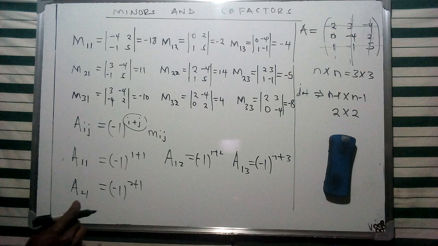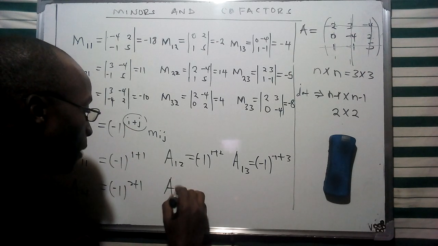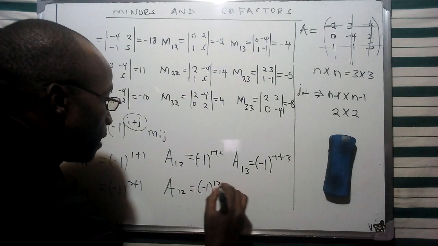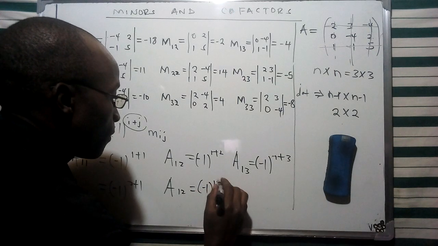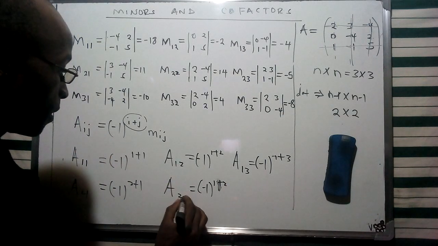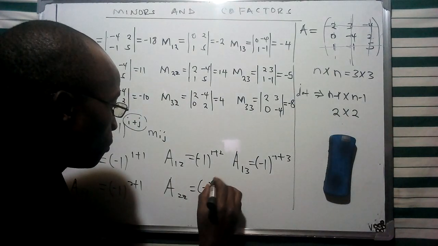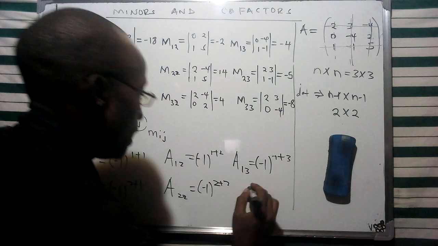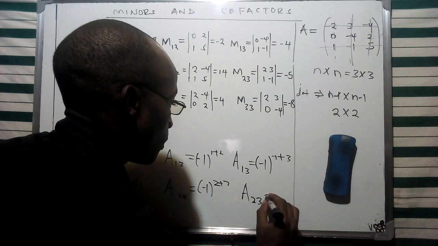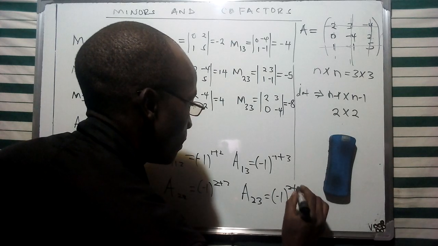And these are going to give us the powers or the coefficients of these respective numbers. So for 2, 2, sorry for that, this is the cofactor of this specific number, so it's going to be negative 1 raised to power 2 plus 2. Then we're going to have 2, 3, which is negative 1 raised to power 2 plus 3.